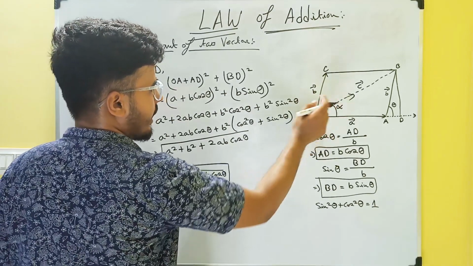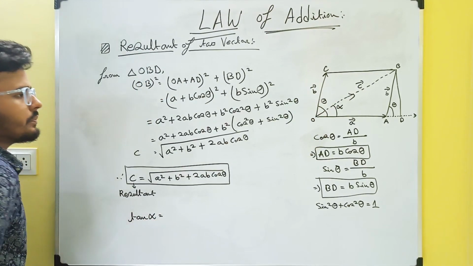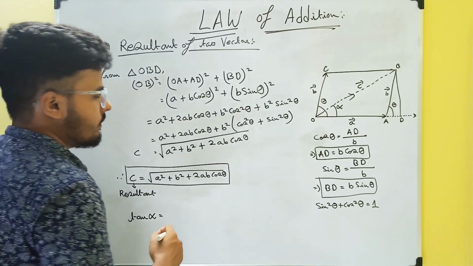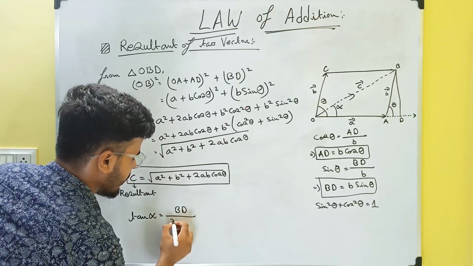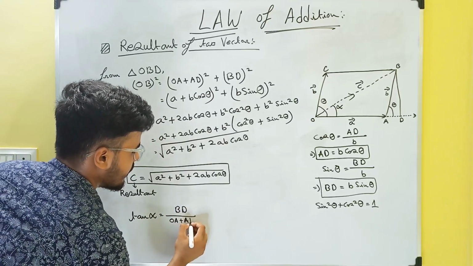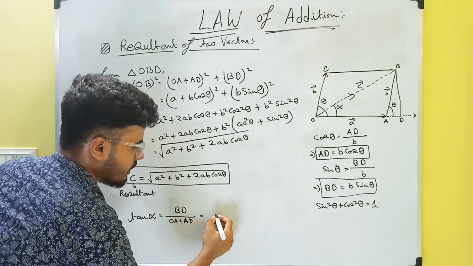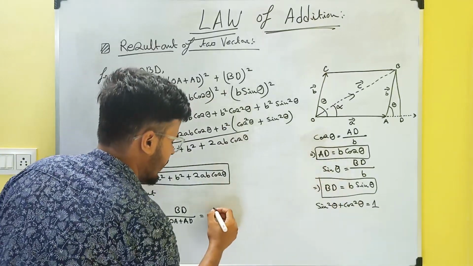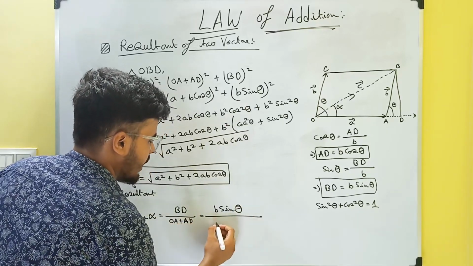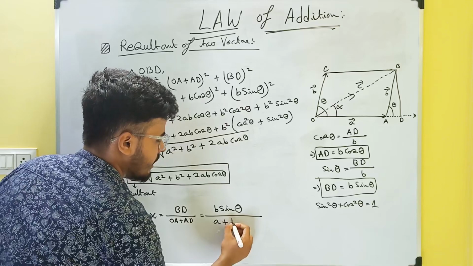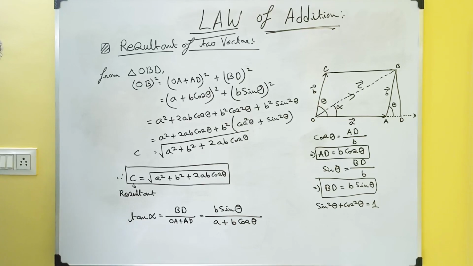Now let's measure the angle. Let's measure this angle. So tan alpha. To measure tan alpha, we have to take BD by OA plus AD, right? From here we can say BD is B sin theta, OA is A, and AD is B cos theta.